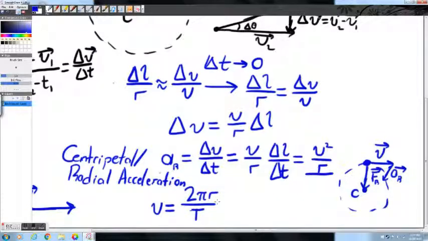So 2 pi r gives us a distance or length, and T gives us time, so it's still meters per second. This is telling us how large one revolution is, and this is telling us how long it takes to complete that one revolution. And then frequency is defined as the reciprocal of period. Frequency will equal 1 over T, so we can also write v as 2 pi r f.